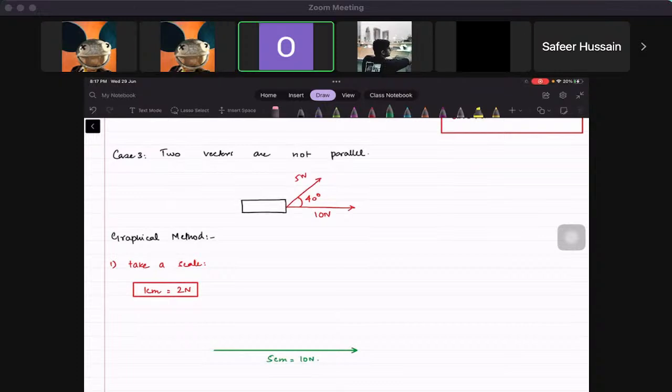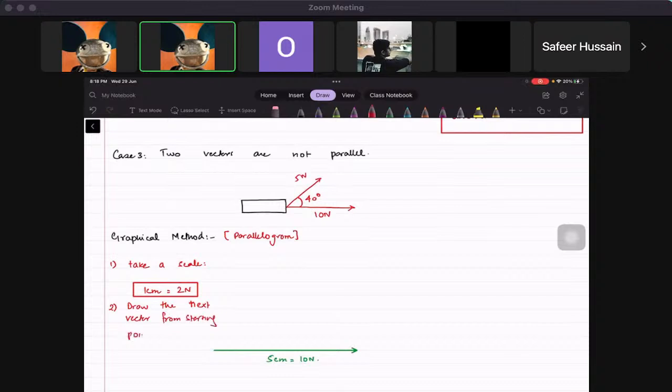Yes. Then I'm going to draw. This method I'm teaching you is the parallelogram method, so you can write that: parallelogram. Draw the next vector from the starting point.